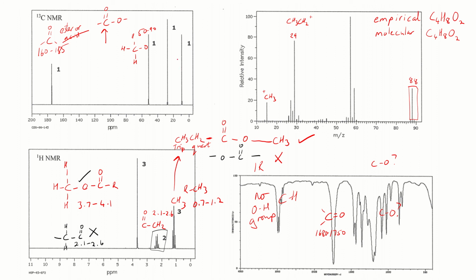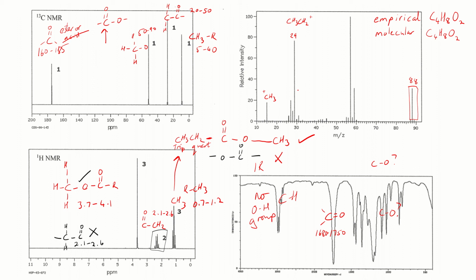And then down in this region, this would be the CH2 next to the C double bond O, so that's in the 20 to 50 region. Whereas the CH3 on the end, that's connected to an R, that's in the 5 to 40. It's well away from any of the electronegative atoms, so it's fairly upfield.